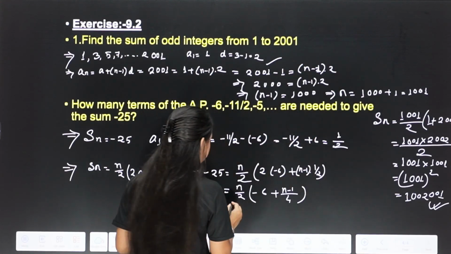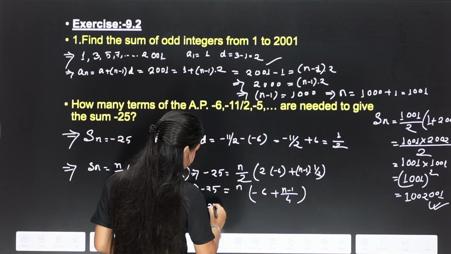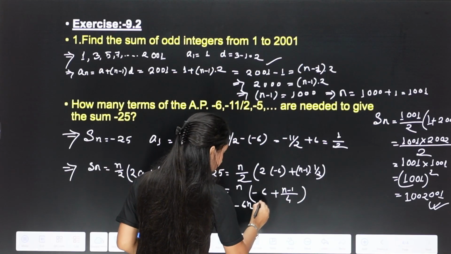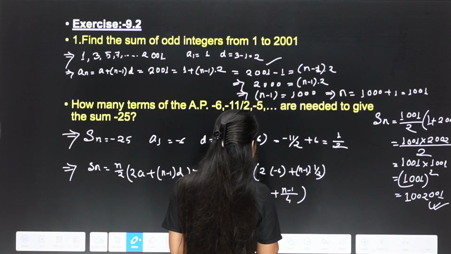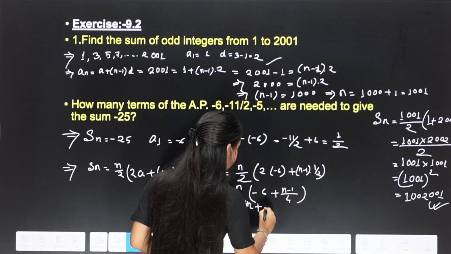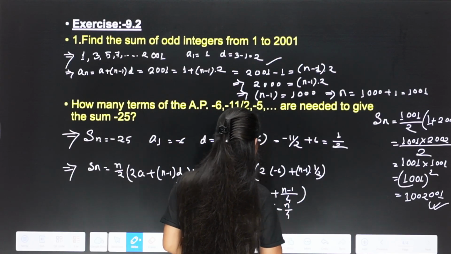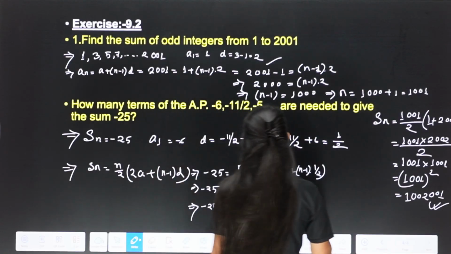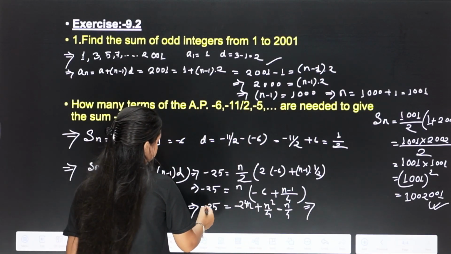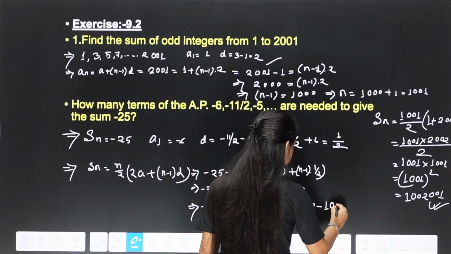Then if we multiply n, that is 6n, and if we take LCM, that is 4, then it will be 24n and n square by 4 minus n by 4, that is equal to, we will multiply minus 25 by 4 to simplify it, that is 100.